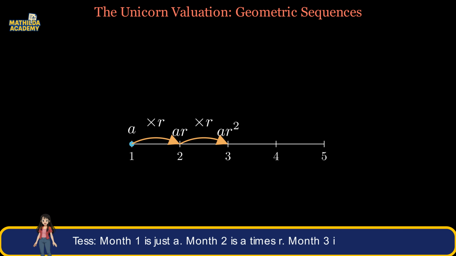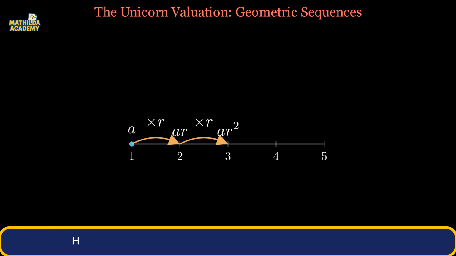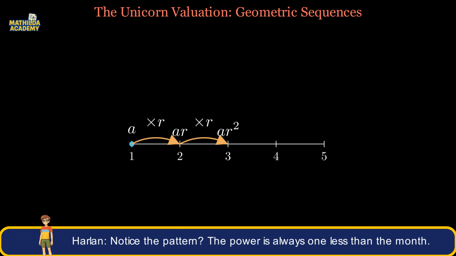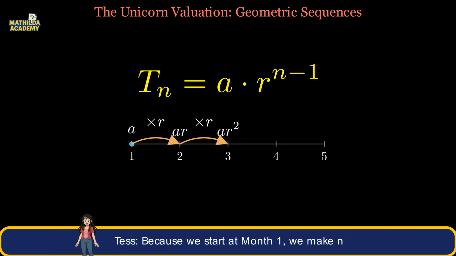Month 1 is just A, month 2 is A times R, month 3 is A times R squared. Notice the pattern? The power is always one less than the month. Because we start at month 1, we make n-1 jumps.